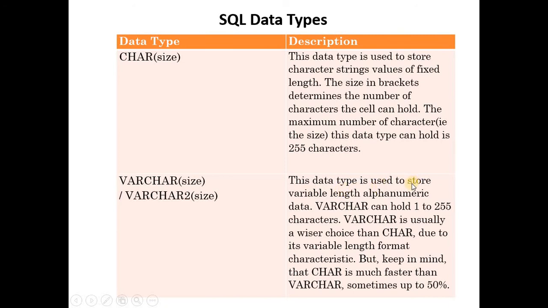So this data type is used to store variable length alphanumeric data. Varchar can hold 1 to 255 characters. The varchar is usually a wiser choice than the character because it's variable in length and it's alphanumeric. But keep in mind that the char is much faster than the varchar, right?